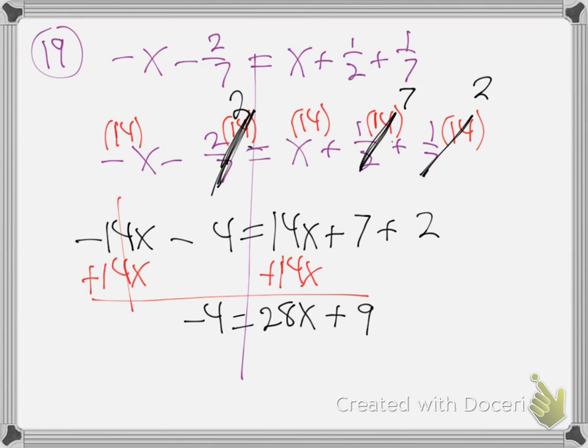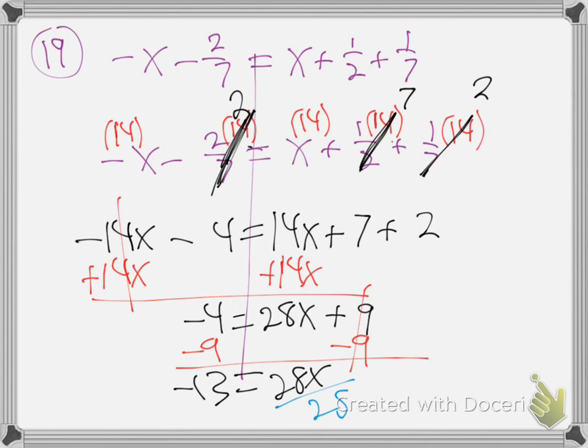All right, so there is the game plan, right? So next step is get rid of that 9. Send that one over there. We get to there, and what's the last step always? Divide by the number right next to x, right? Divide by 28, divide by 28. Minus 13 28ths. Is that okay?